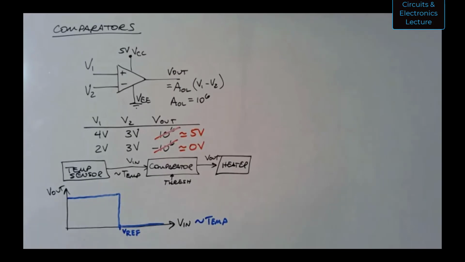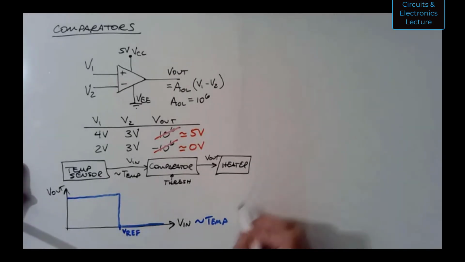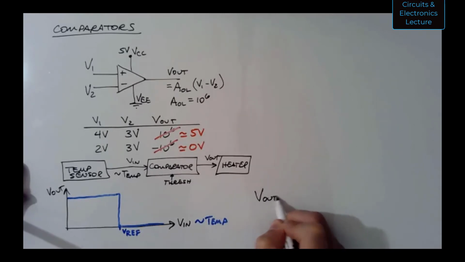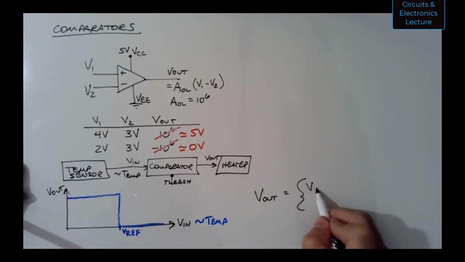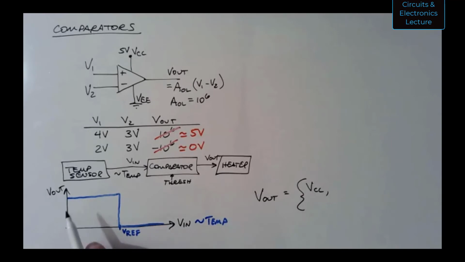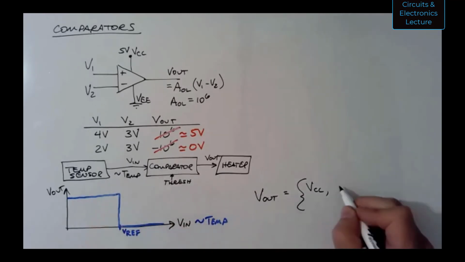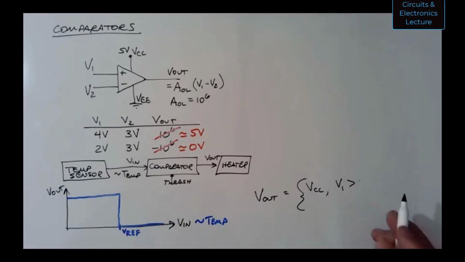If I were to write this out, kind of this characteristic that we want here, it's V out equals VCC, right? It equals VCC when V1 is, well, actually, this is the opposite.